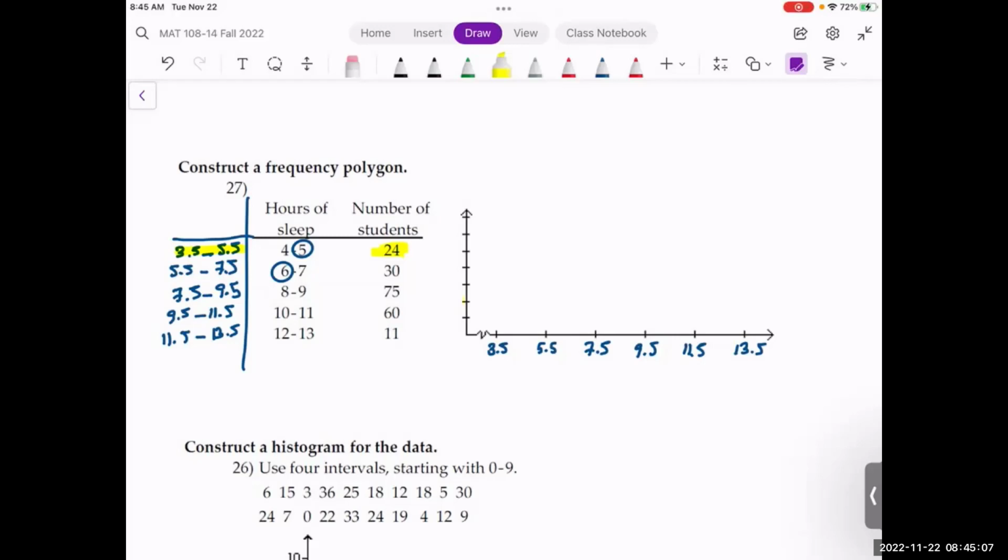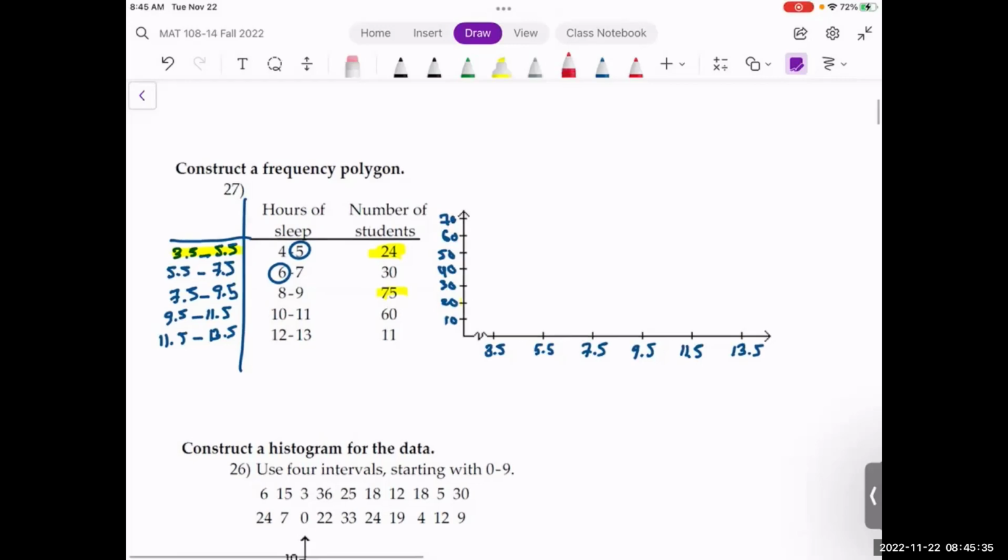So I guess each one of them being 10 would be appropriate, because I have 75 as the highest number. So I can do 10 here, 20, 30, 40, 50, 60, 70. And then from 3.5 to 5.5, I'm going to go to 24. Make a good estimation. That's basically what you want to do. 24 is between 30 and 40, so you're going to be stopping here.